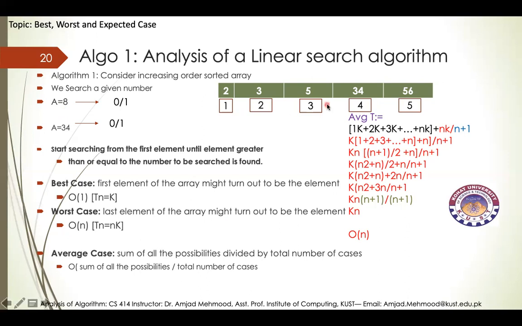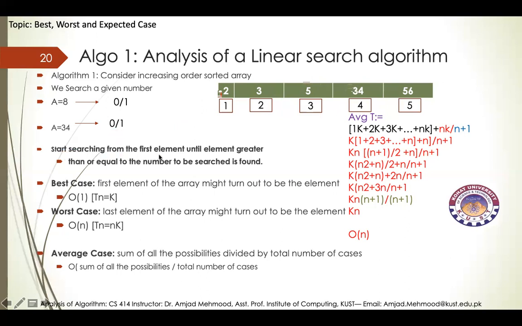You don't have 8, so the result will be 0 here, if you represent 0 with yes and 1 with no. For example, if Algo is asked whether it has the value 34, it will first compare with the first index and say no, I don't have it. Then it compares with the second, then the third, and then it reaches the fourth, where it has 34. So it says yes, I have 34.